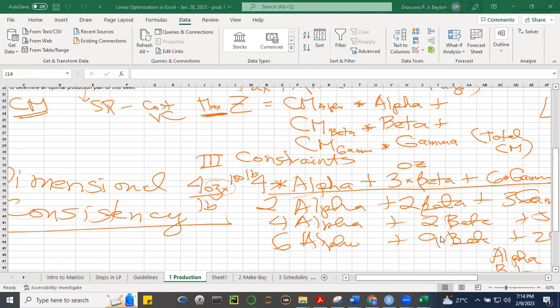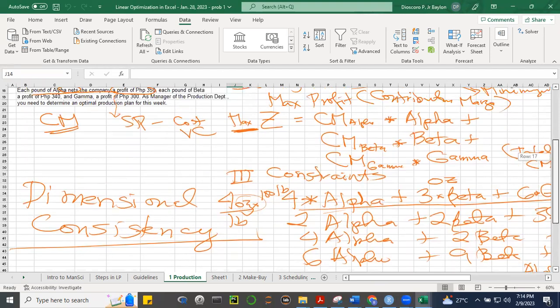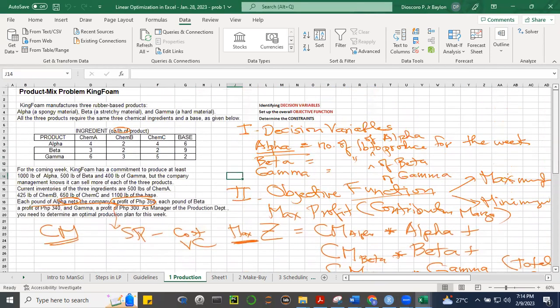Okay, all right. So let's go back to this one. We read that through our problem, and what's important is we convert this into equations, into mathematical expressions. Otherwise, it will remain just a text. So it's important that when we do linear programming, we have to identify the equations that are pertinent to our problem.